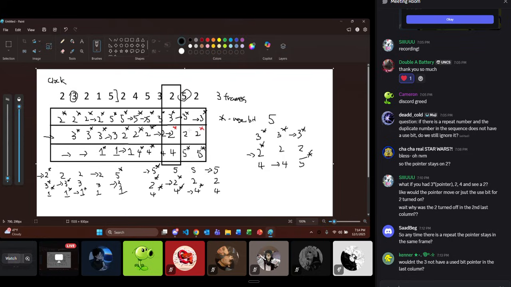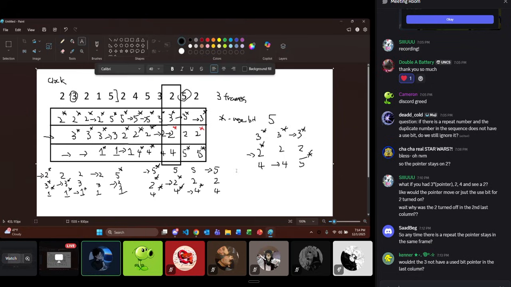So again, in a nutshell, I'll just put a text here. Clock policy: pointer points to a use bit, remove the use bit, and move the pointer down one. Okay? If no use bit, replace that number.